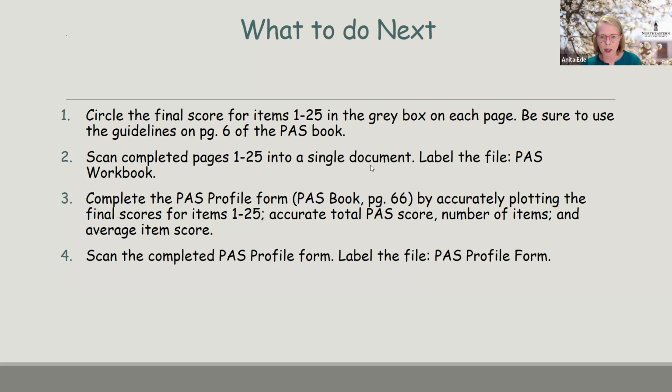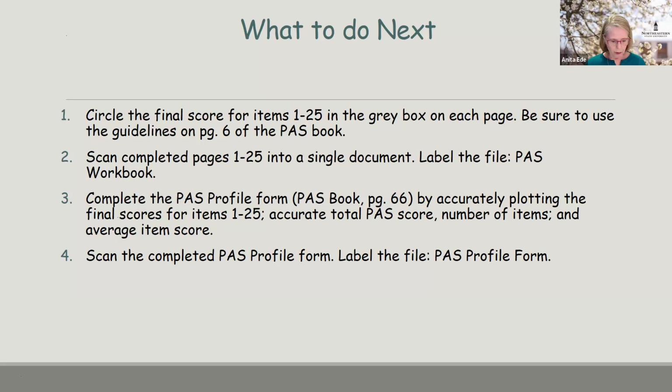Next, you're going to go to page 66 in your PAS workbook. It's near the end. This is the page that, if you were actually doing this, would sort of tell it all. This is your final evaluation page. If you were handing this to a director, that's what it would look like.